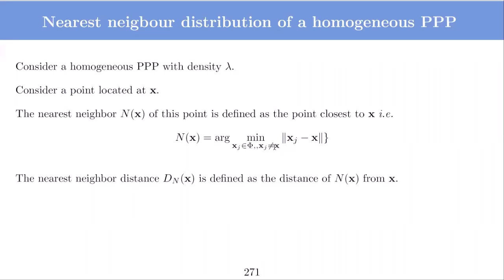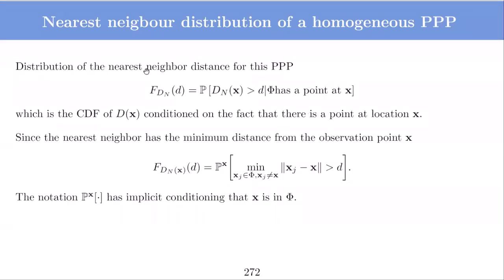And you of course do not consider x, because if you include that, that will be 0. So I just take all the rest of the points in phi, compute the distance, compute the point which will give me the minimum, and that will be my neighbor. And the nearest distance will be just the minimum of this, the distance of nx from x. So I want to compute its distribution.